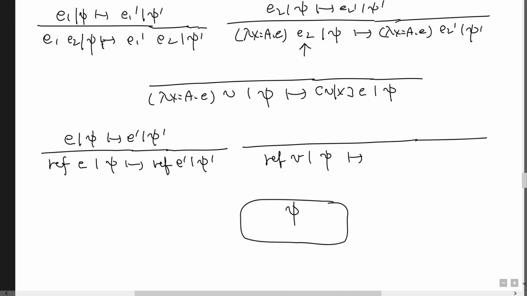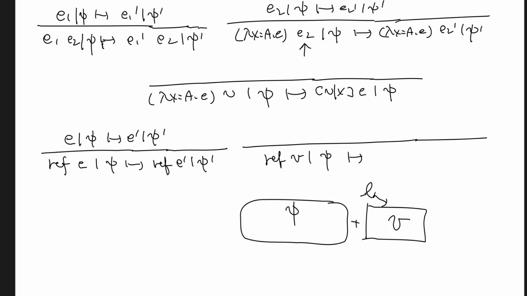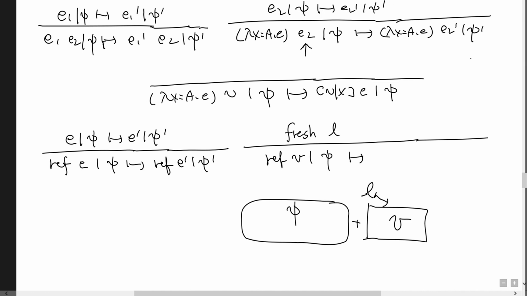What you want to do is you create a new memory cell associated with location L, and then you initialize it with value V. So suppose that you have some way to generate the fresh location L. Then what you do is you return location L and you augment the store psi with the new mapping L arrow L mapped to value V.